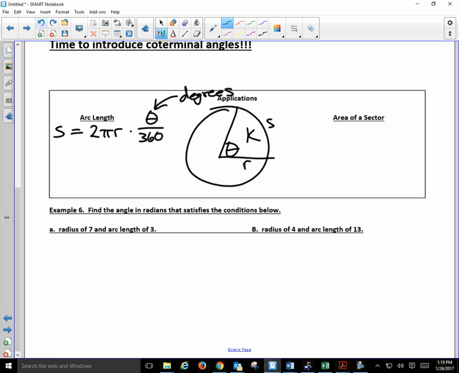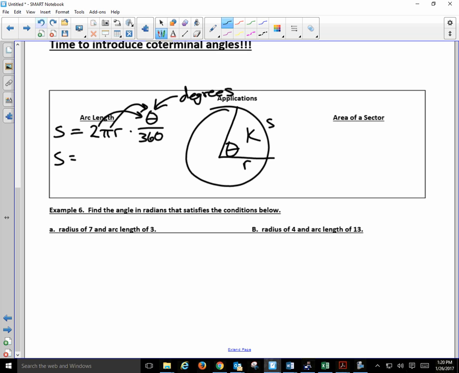Well, sometimes working with degrees is more cumbersome. You get larger numbers. It's not as user-friendly. So let's work in radians. If you want to change this formula so you're working with radians, watch what I do. I'm going to move the pi up here along with the 2.